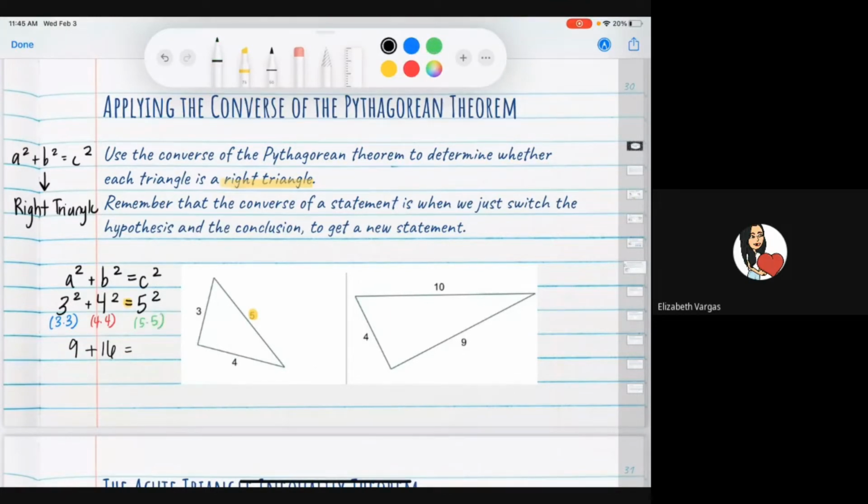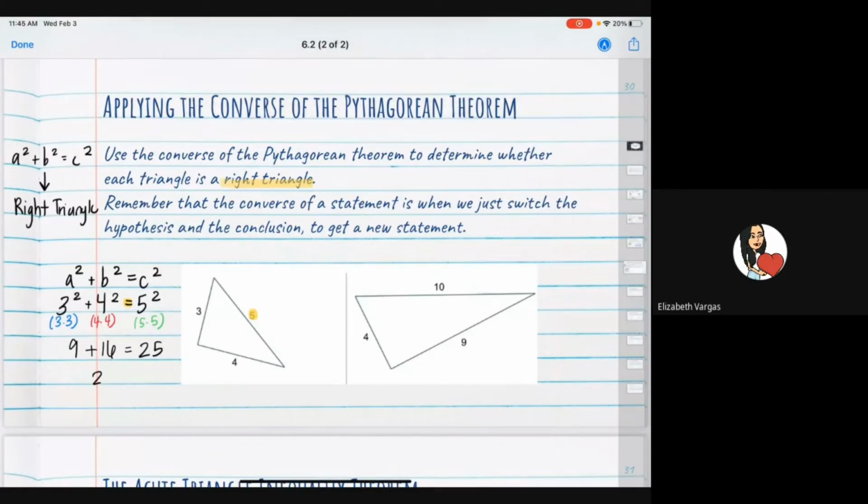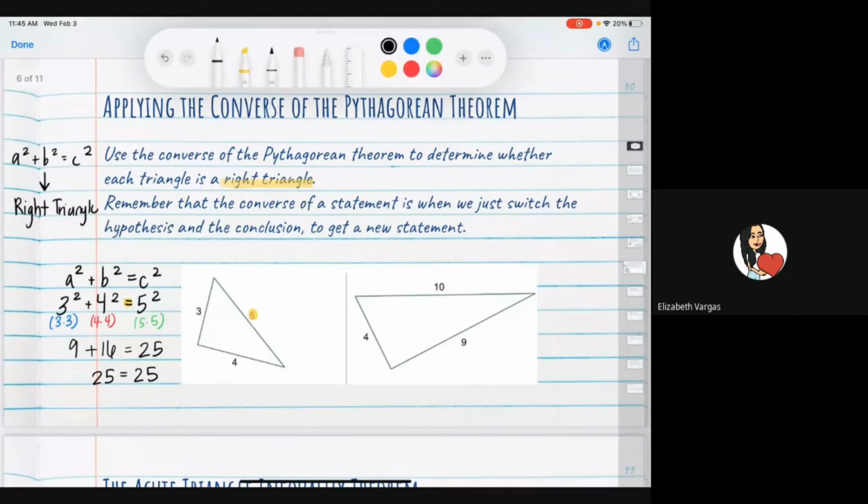And then this is 5 times 5, which is equivalent to 25. And then 9 plus 16 is 25. So 25 does in fact equal 25. So therefore, we can satisfy the Pythagorean theorem. So we can prove that this triangle is in fact a right triangle. Does anyone have any questions about that?